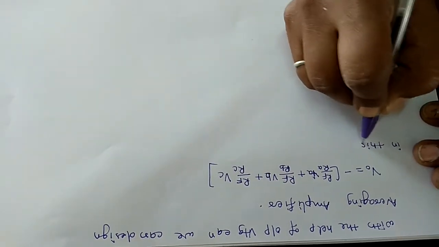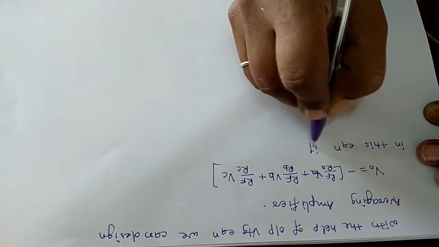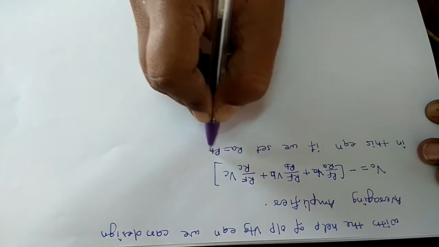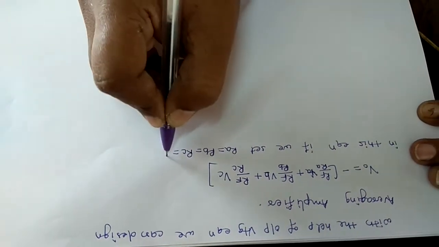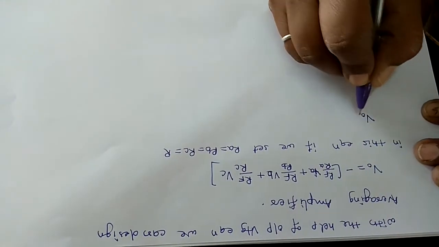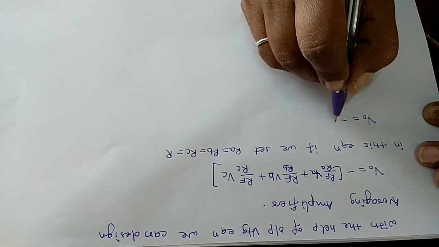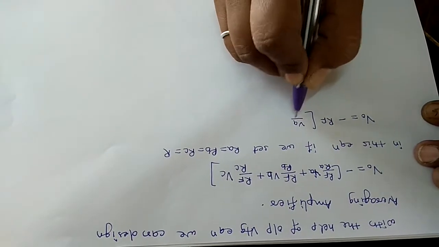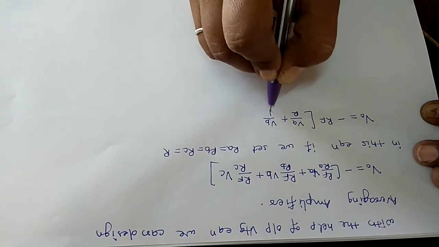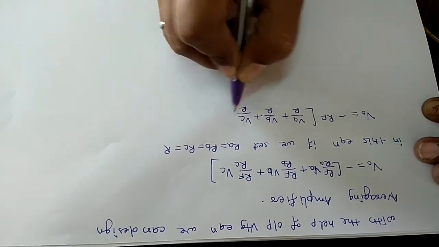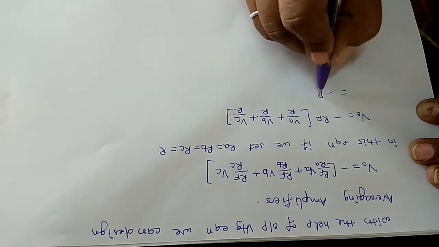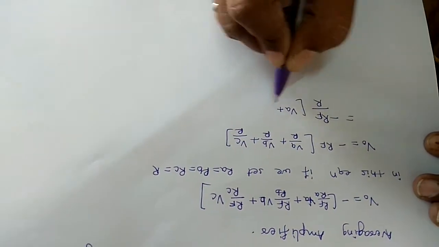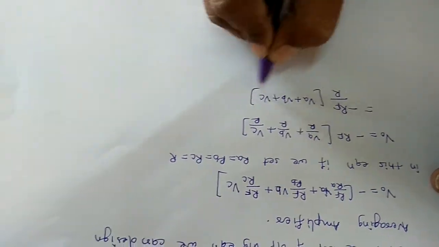In this equation, if we set RA is equal to RB is equal to RC is equal to R, we have already found this equation with RF outside: VA by R plus VB by R plus VC by R. The equation is minus RF by R times VA plus VB plus VC.